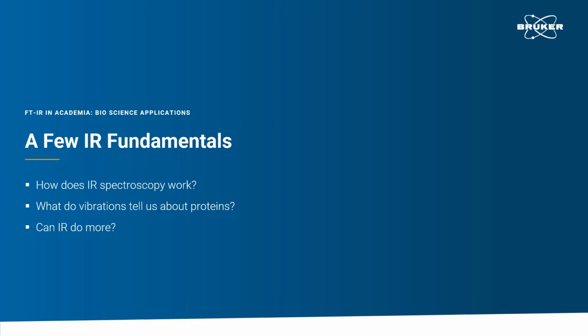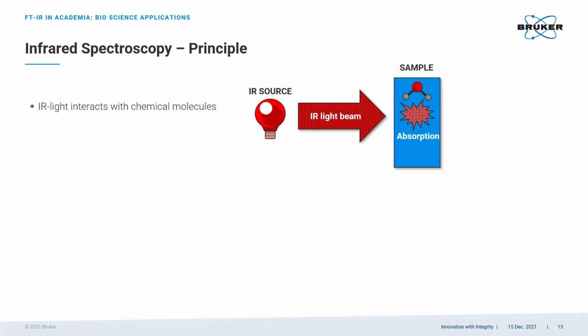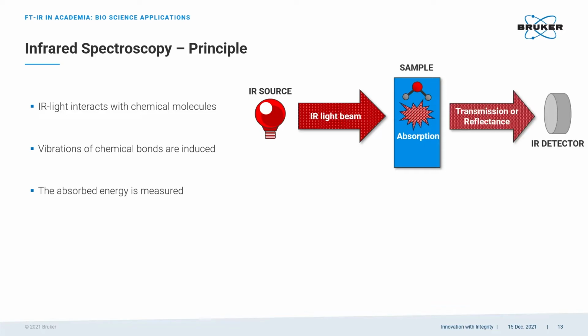So let me show you in a very brief manner the principle of IR spectroscopy. The principle is that the IR light interacts with chemical molecules and induces vibrations of the chemical bonds inside these molecules, which leads to an absorption of energy, and this absorbed energy is measured with our IR instrument.